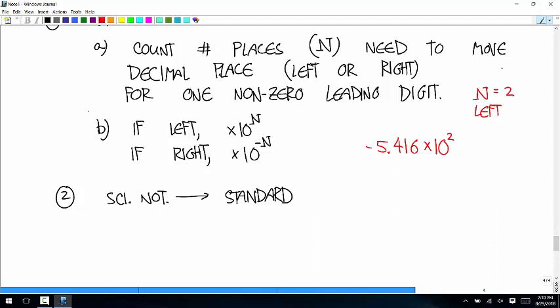And the example I'm going to use here is 6.52 times 10 to the negative 4. We want to express that in standard notation.